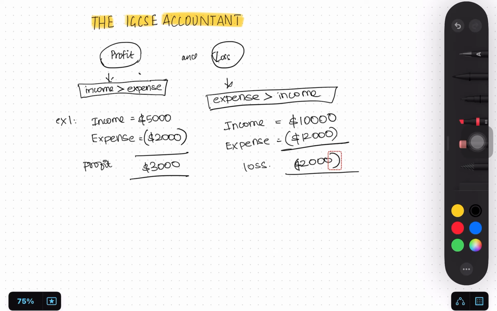But you may be wondering, why is it important to measure profit or loss? So usually when businesses start, the owner is referred to as an entrepreneur because they have an idea to start a business and they invest an amount into the business.